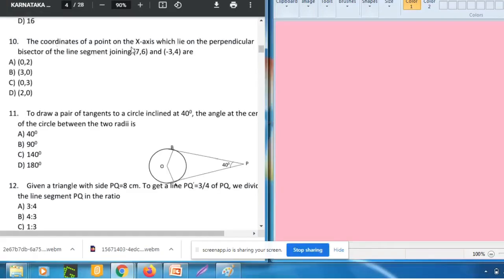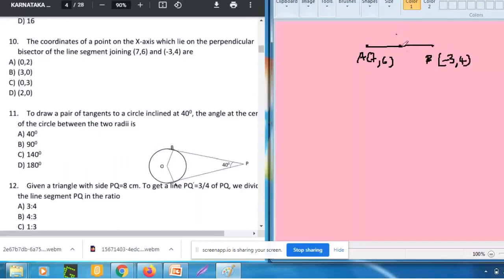The coordinates of a point on the x-axis which lies on the perpendicular bisector of the line segment joining 7, 6 and minus 3, 4 are. So there are 4 options, and we have to find the correct option. There are 2 points, A (7, 6) and B (minus 3, 4). Let P (x, y) be a point on the perpendicular bisector of AB.